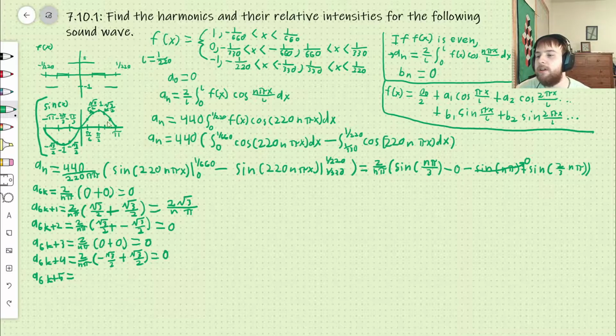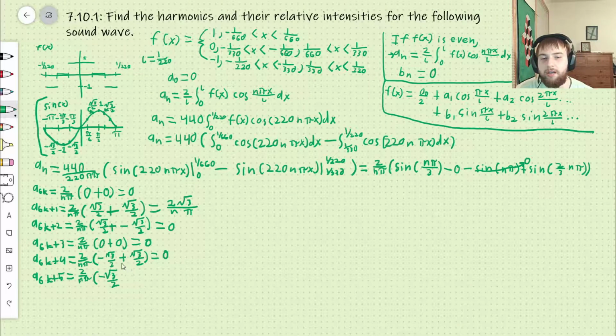So at 5, if our first term is 5 past a multiple of 6, then it's 1, 2, 3, 4, 5. So we're still going to have this term out in front, and we're going to have a negative square root of 3 over 2.